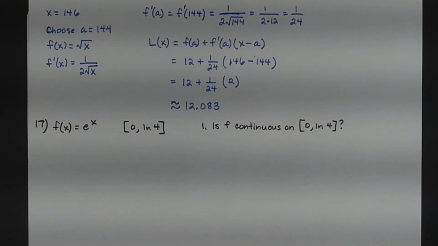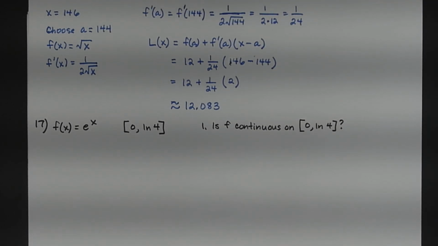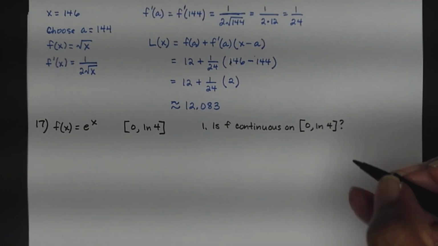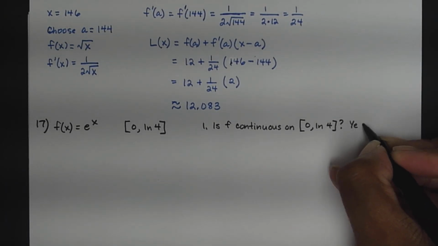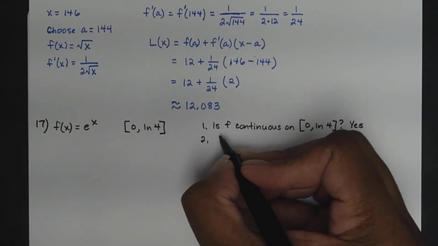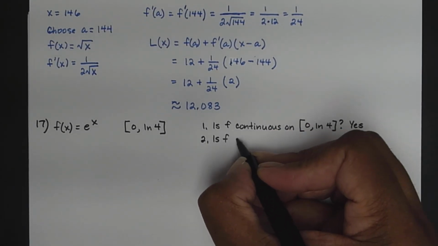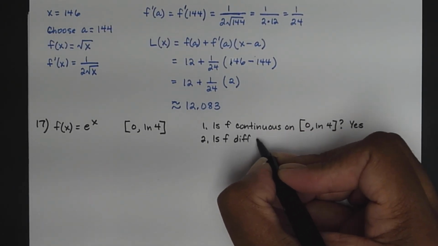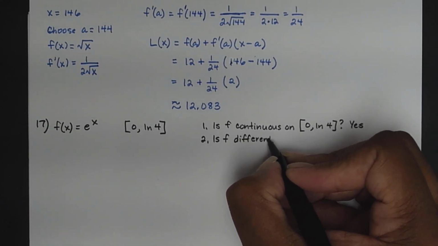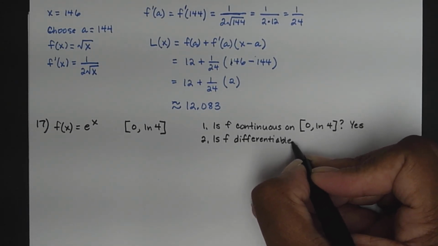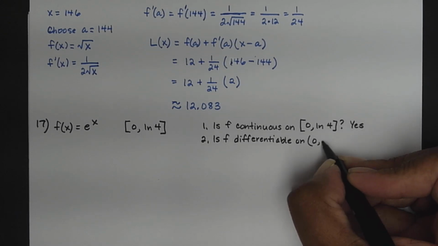And of course, from 0 to ln of 4, I will always get a value for e to the x. Okay, so that answer there would be yes. And then second, is the function differentiable on the open interval 0 to ln of 4?